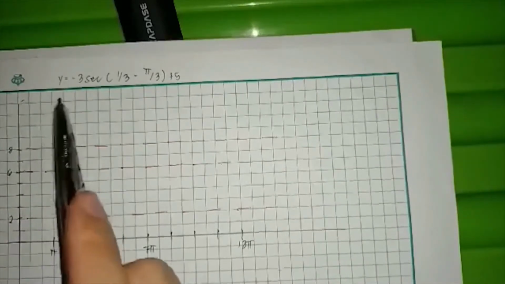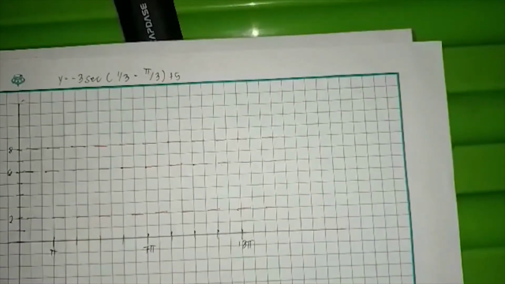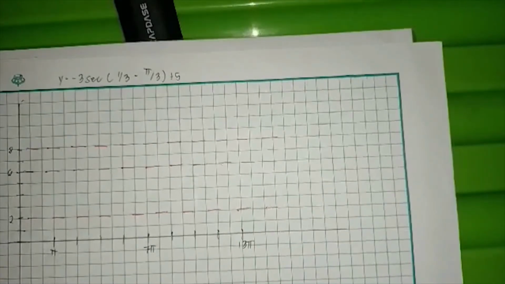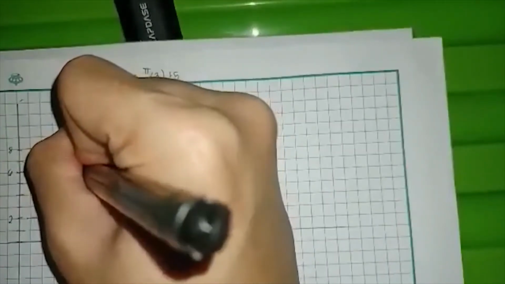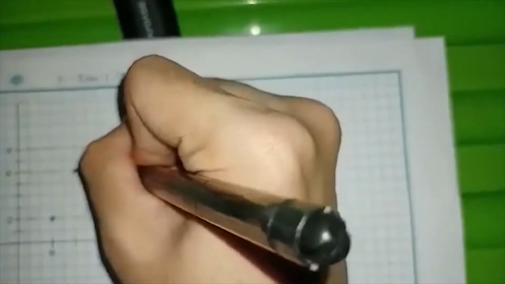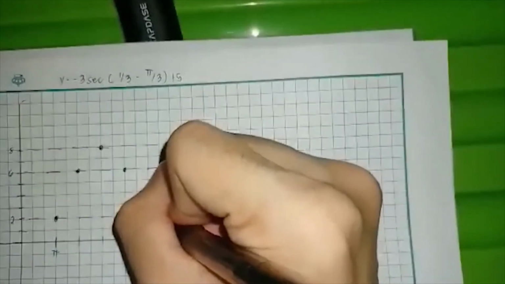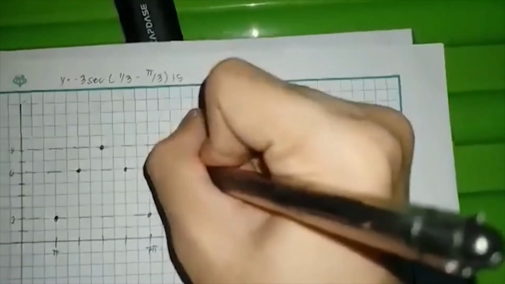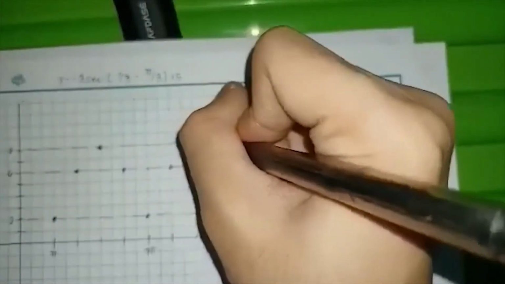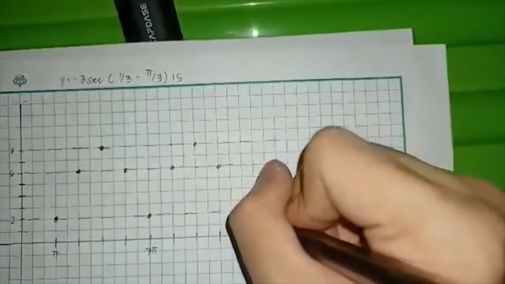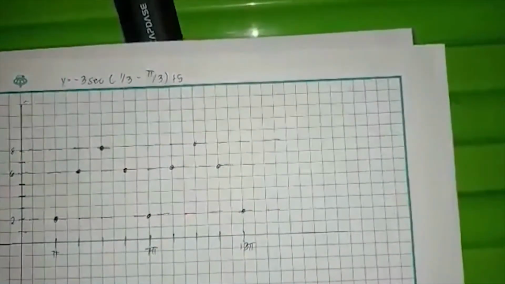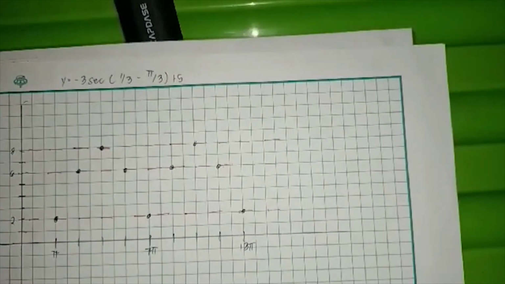Then because our amplitude is negative, we start at the lower portion at the phase shifting. Lower, middle, upper, middle, lower, middle, upper, middle, and lastly, lower. Then we will color it so we can see it properly.